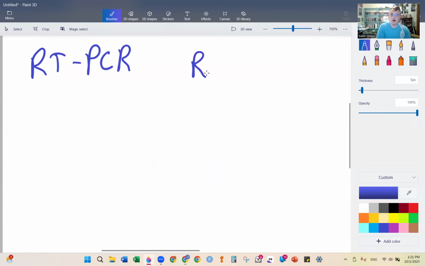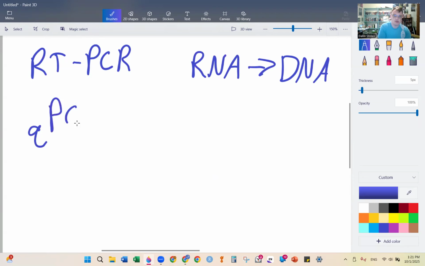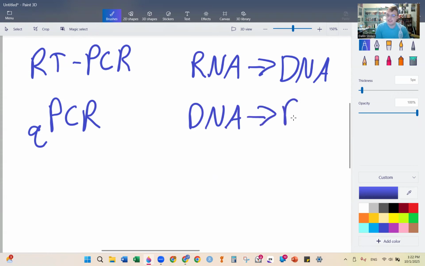We go from RNA to DNA. qPCR, like ordinary qPCR, is DNA to DNA. It can't read RNA because we use Taq DNA polymerase in qPCR. We don't use a special polymerase there. qPCR uses Taq DNA polymerase, not reverse transcriptase.